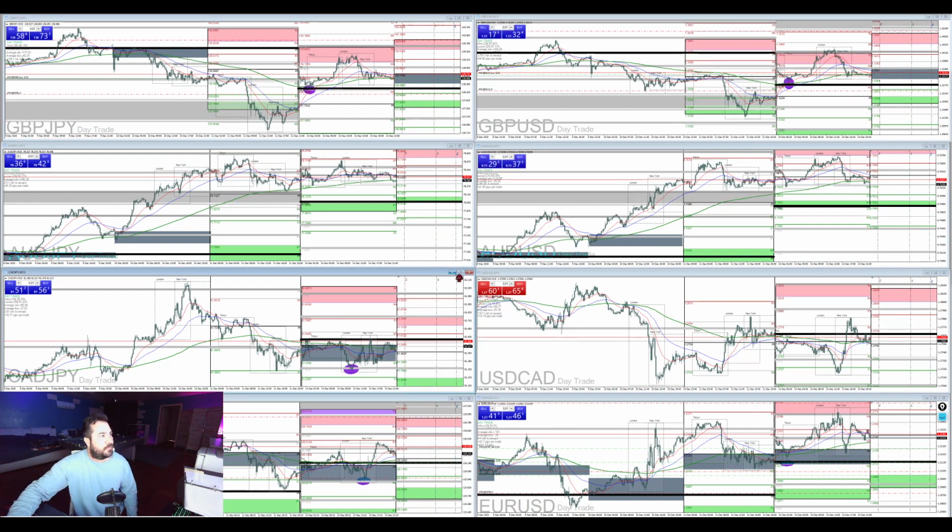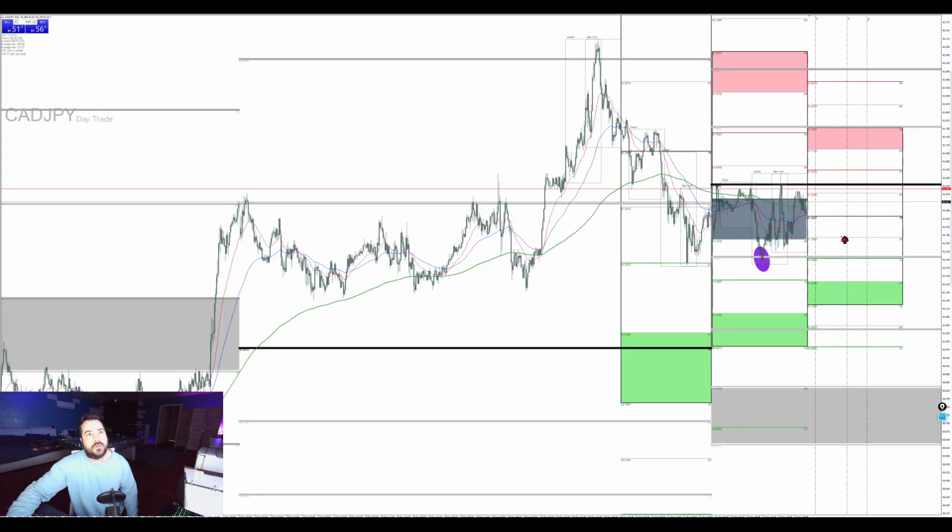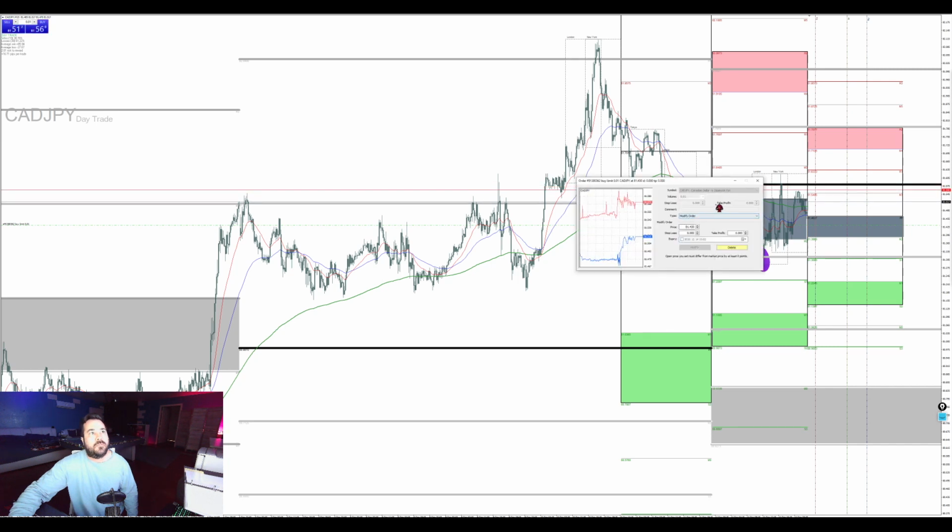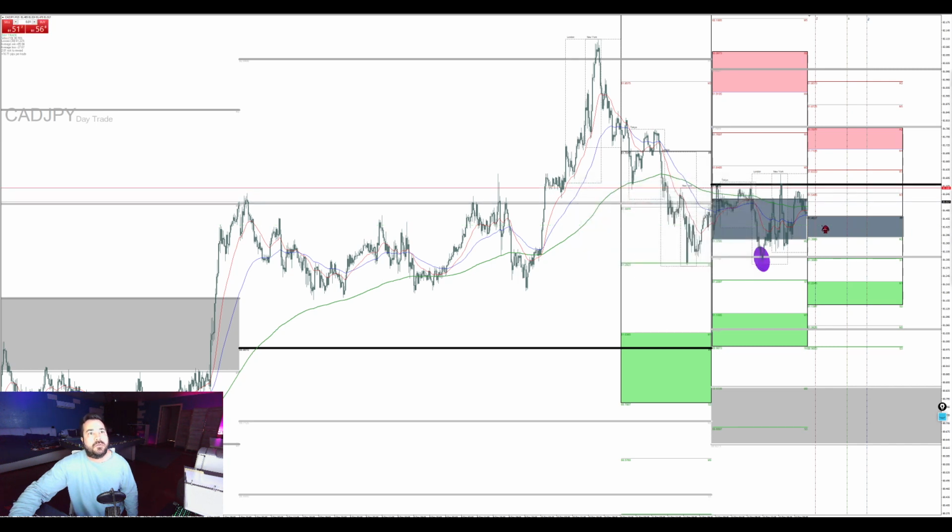Hey, here we go. We got a pretty nice little zone right here on this one. We'll drop a pending order on this. Actually, no, it needs to be a different size. Modify that one, CAD. Let's delete that. We'll place our pending order right here, 81,426.